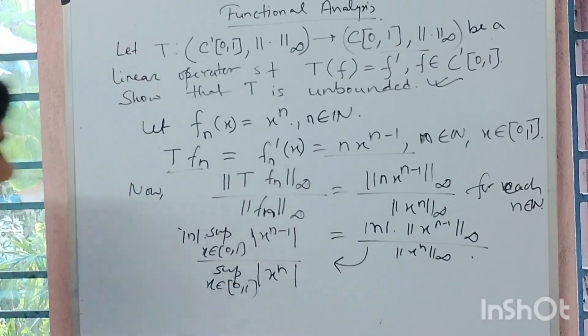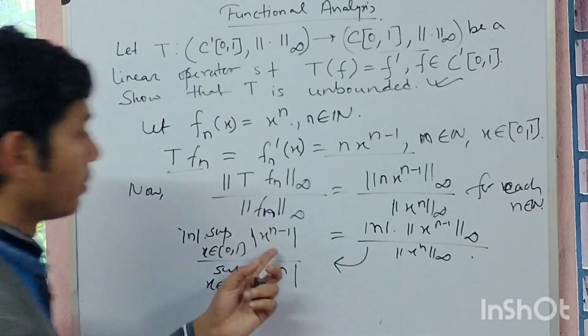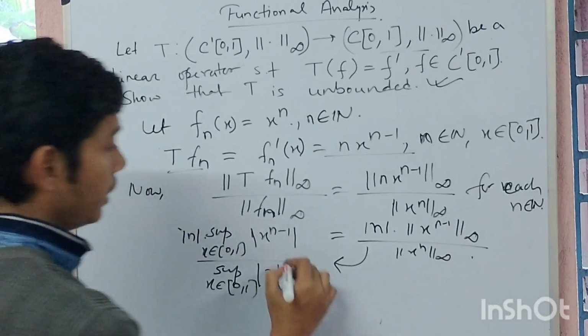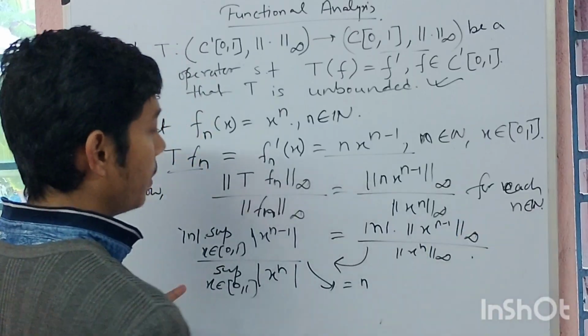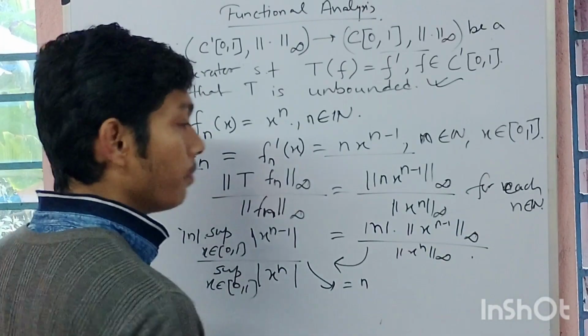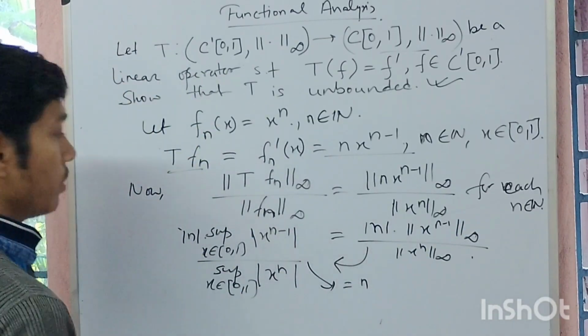Okay, now what will be its maximum value? Mod of n equals n, because n belongs to the natural numbers, it's always positive by default.